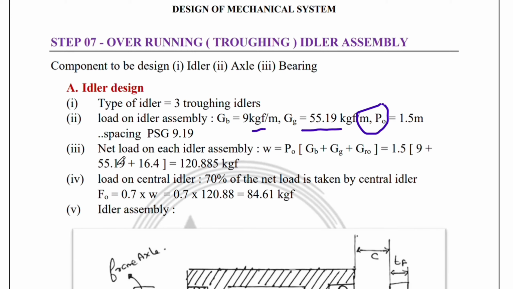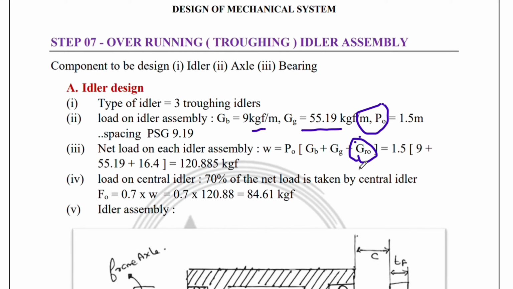Next, we will find the net load on each idler assembly, which is denoted as W, and the formula for this is PO (GB + GG) + GRO. Here PO will be 1.5, GB will be 9, and GRO you will get in step number 2 itself.